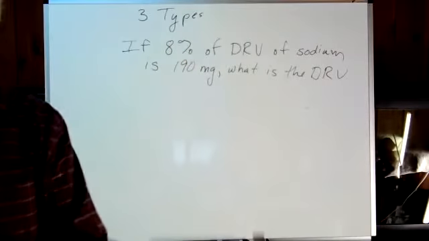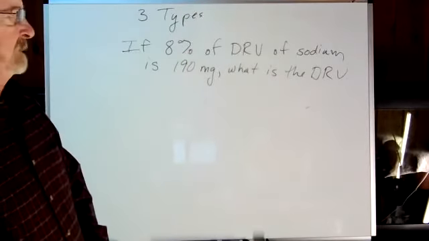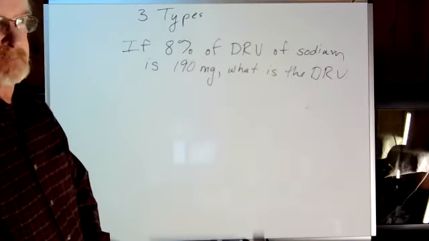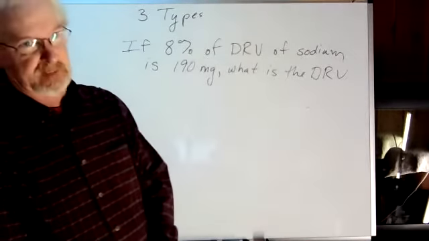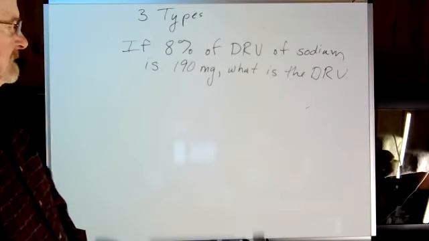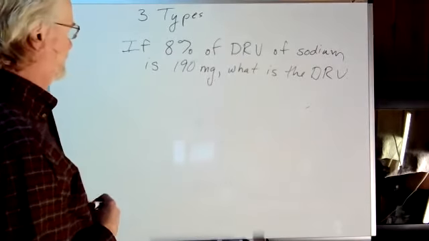Another kind of similar context, huh? If 8% of the daily recommended value of sodium is 190 milligrams, what is the daily recommended value? Kind of try to mix that one up, right? Let's see.